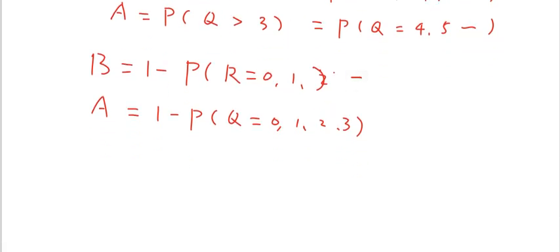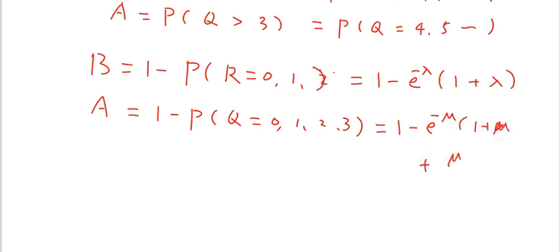So this equals 1 minus P of R equals 0. Use this formula, e to the negative lambda, lambda 0 is 1, plus just lambda. So this is 1 minus e to the negative mu times 1 plus mu, and then the other is 1 minus e to the negative lambda times 1 plus lambda plus lambda square over 2 plus lambda cubed over 3 factorial, which is 6.